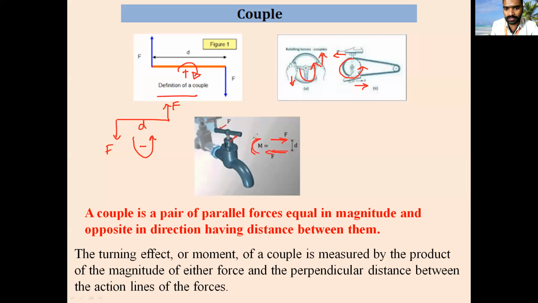Clockwise. The tap is rotated in this direction. Anti-clockwise. So there are two types of couples: clockwise and anti-clockwise. That point you should know.